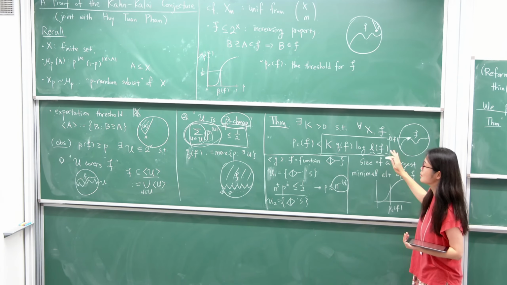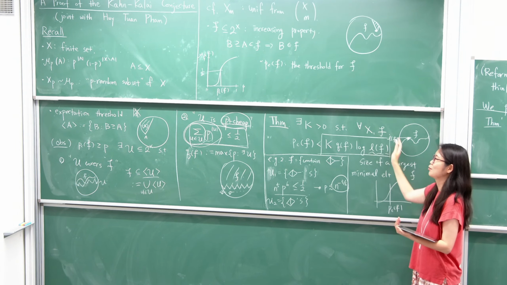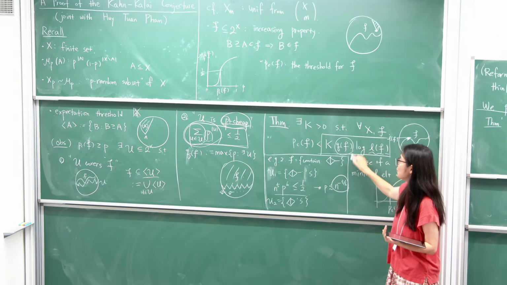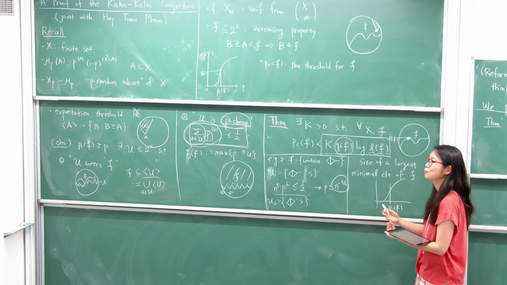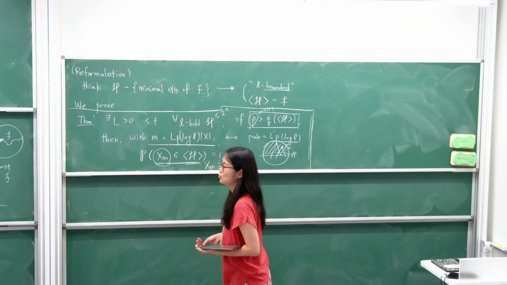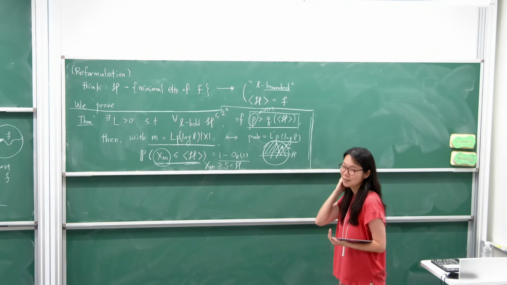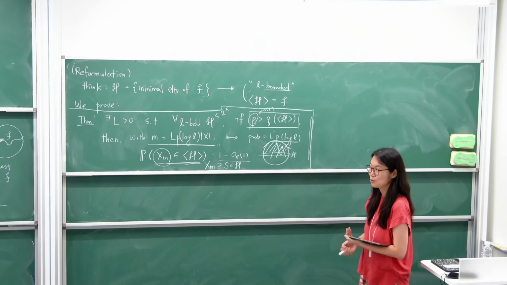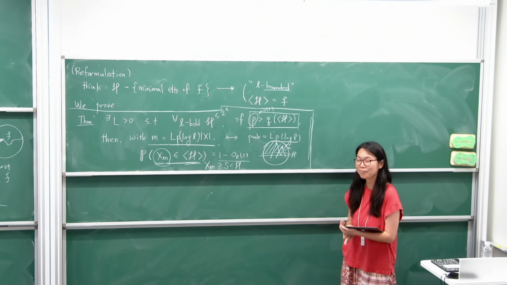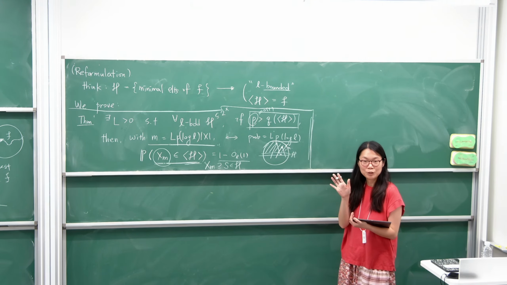This is about the probability, so if the right hand side is bigger than 1, then the statement is trivial. That means this expectation threshold must be at least little o of 1. So we always assume that the expectation threshold is little o of 1. It's very small. Otherwise, the statement is just trivial. Okay, any other questions?